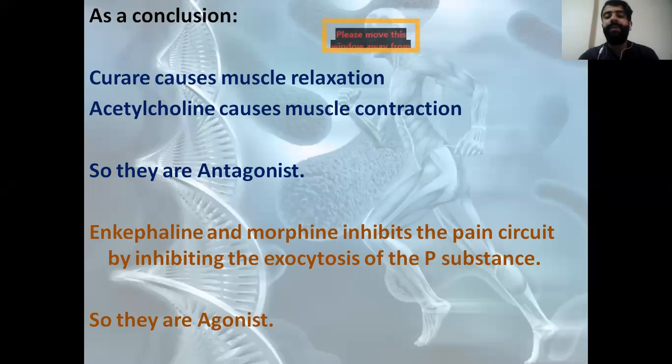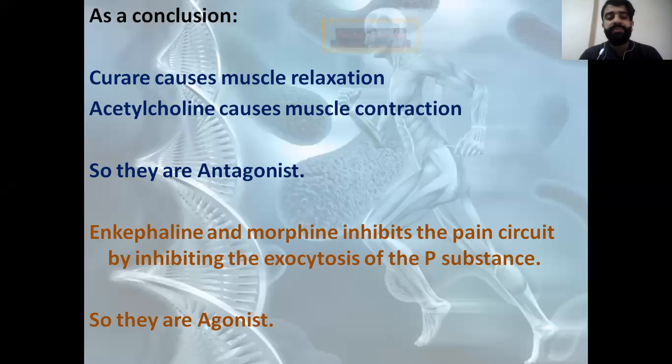Both of them inhibit the pain circuit by inhibiting the exocytosis of the P substance, either partially or totally. So they are agonists. Enkephalin is endogenous, while morphine is exogenous. Endogenous is produced naturally inside the body, while exogenous is provided from an external source outside the body.